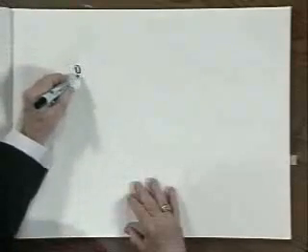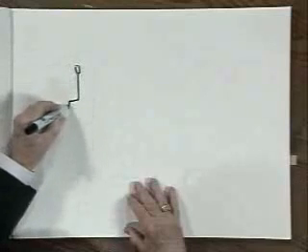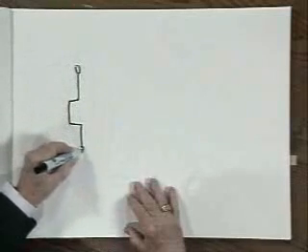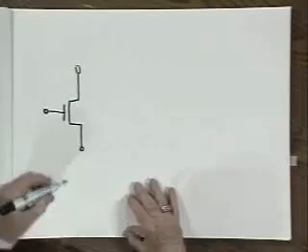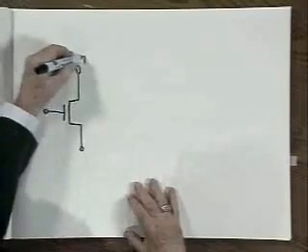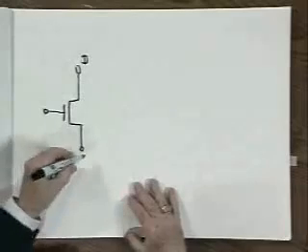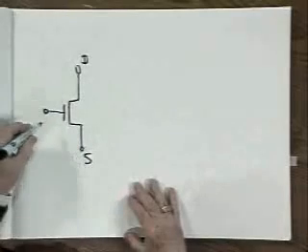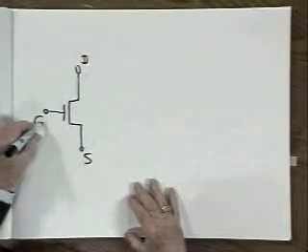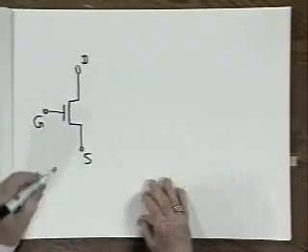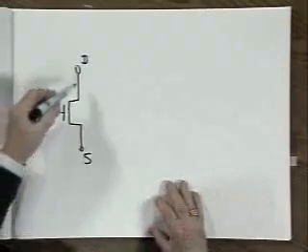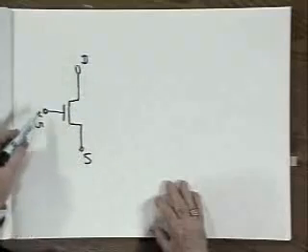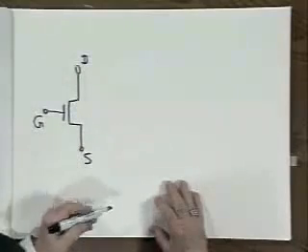Now, the MOS transistor, which we represent with this model, is a three-terminal device, one terminal called the drain, one terminal called the source, and one terminal called the gate. As a switch, of course, you control the flow of current between the drain and the source by controlling the gate to source voltage.